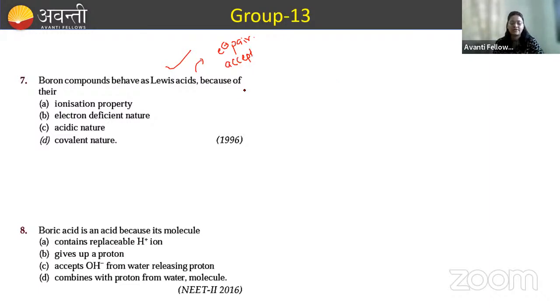Okay, so Lewis acids are those substances which can accept a pair of electrons, and boron compounds usually are what? Deficient in nature.